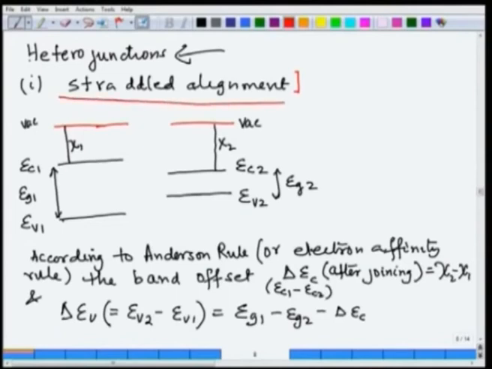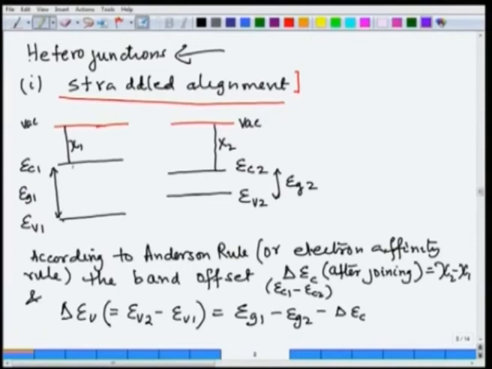Remember what was straddle type alignment? In that case, the way we have shown this picture here, this is the vacuum level for one material, which has the electron affinity psi 1. Its conduction band level is EC1, its valence band level is EV1, and band gap is EG1.